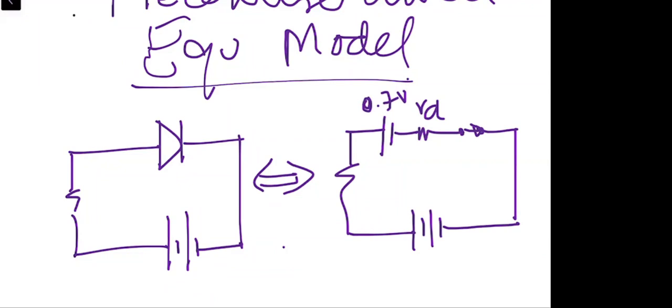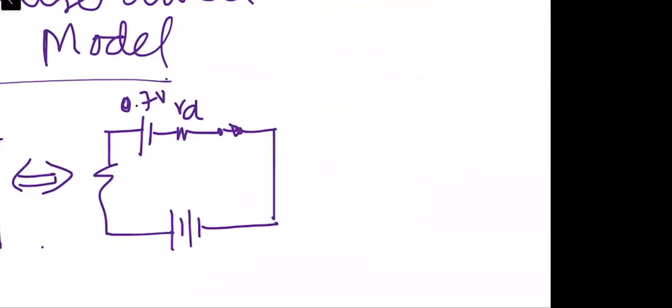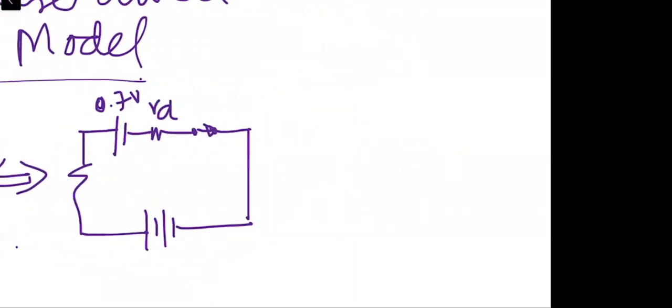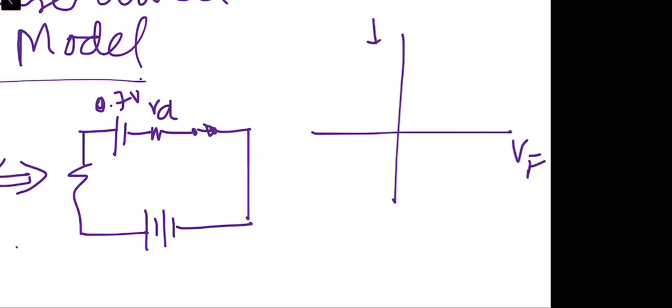So in that case the VI characteristic curve will be something like this, with VF, IF, VR, and IR.